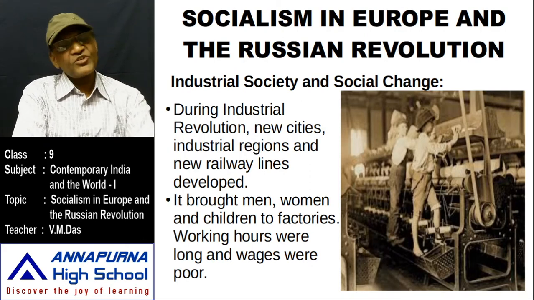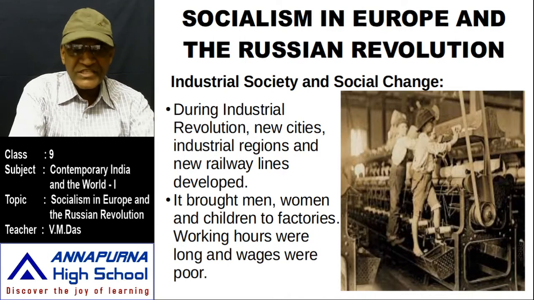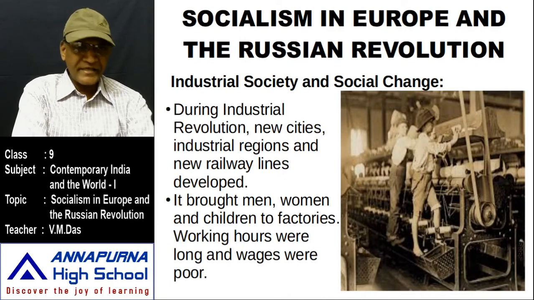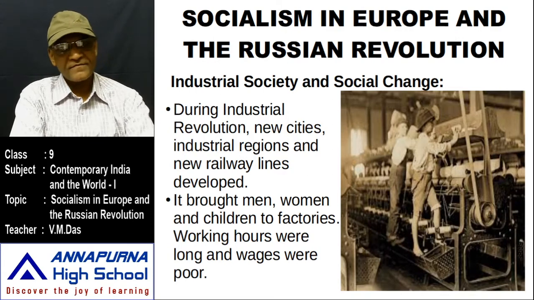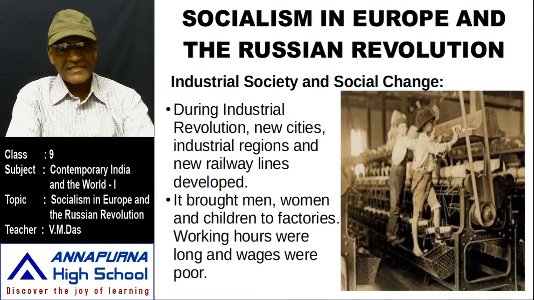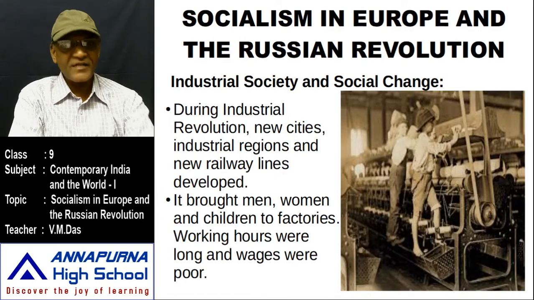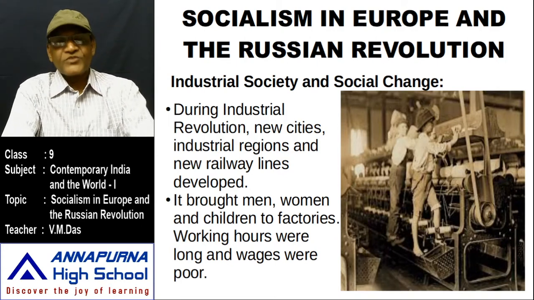So during the Industrial Revolution, what happened? New cities and industrial regions and new railway lines developed. And besides this, many new industries sprang up in Europe, not only in Britain, but also in Europe.